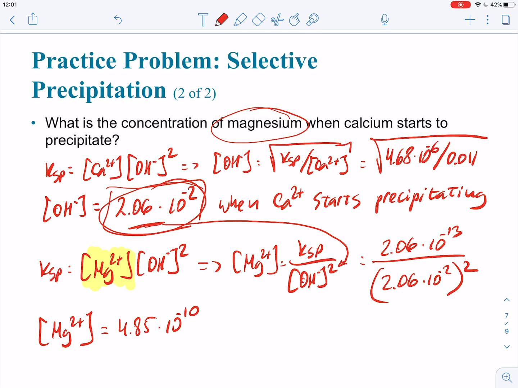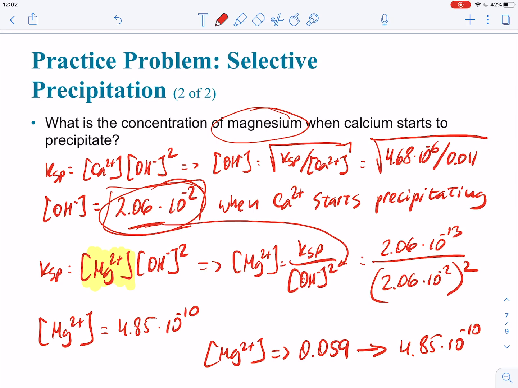So the concentration of magnesium went from 0.059 to 4.85 × 10^-10 at the time that calcium started precipitating.